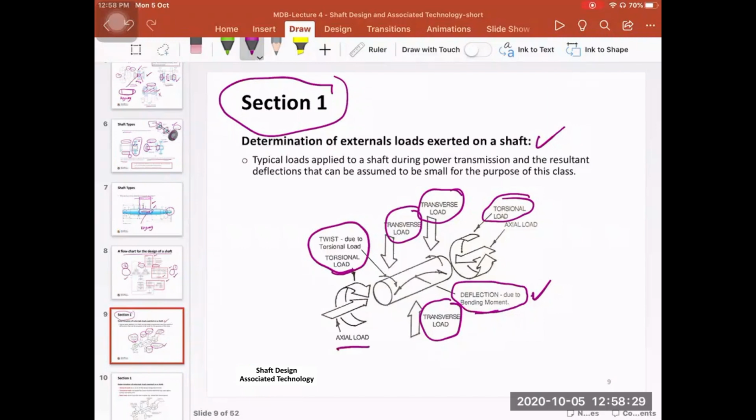Also, you can have axial loads. These axial loads can be coming from, for example, a helical gear, a worm and worm wheel, or a bevel gear, which develop some axial loads. So these axial loads can be developed as well.